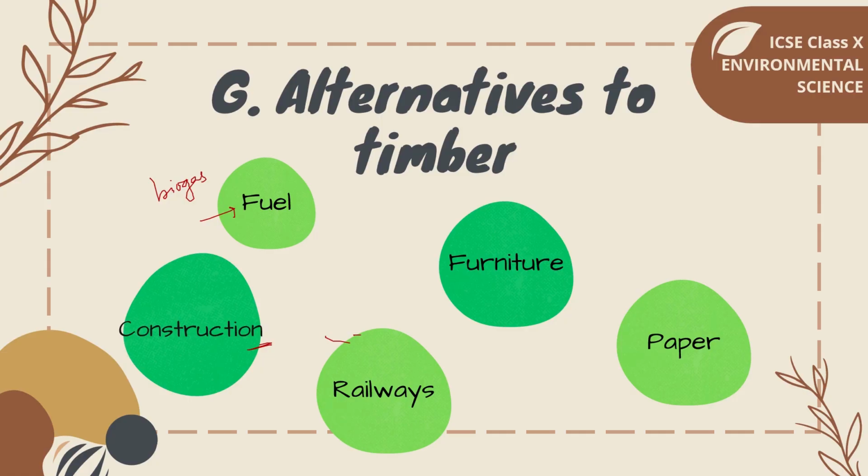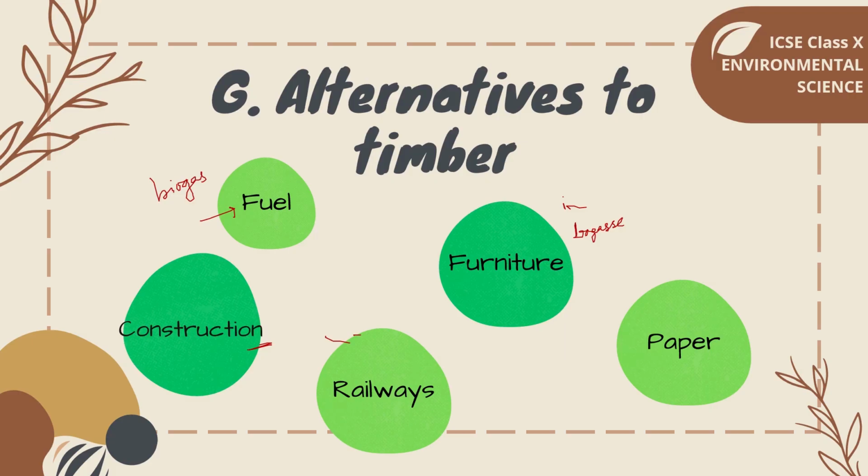Furniture is a place where we are using a lot of wood. Instead of that, we should shift to iron furniture or steel furniture. We could even go for plastic furniture. Nowadays we even have furniture that is made of recycled material. Waste material is recycled and then we are using it as furniture. So we have to look for alternatives to timber even in furniture.